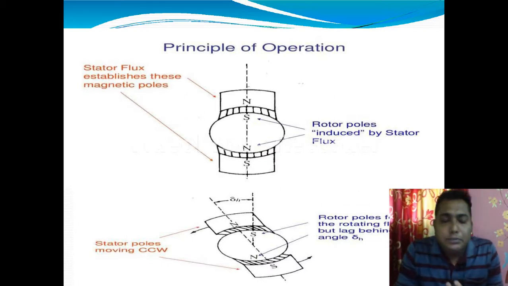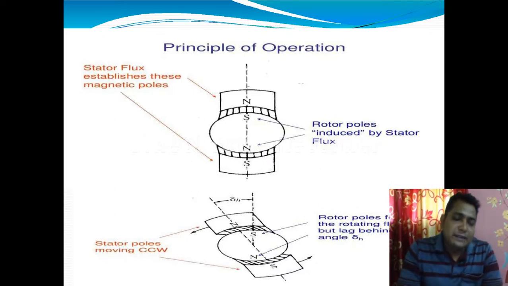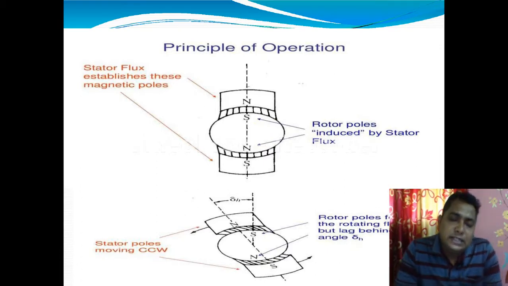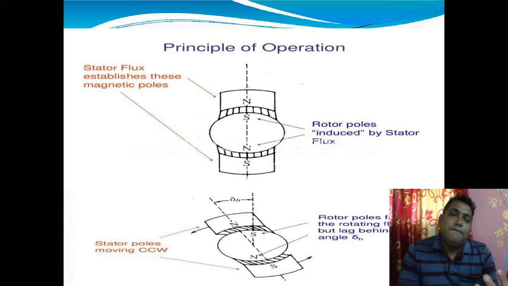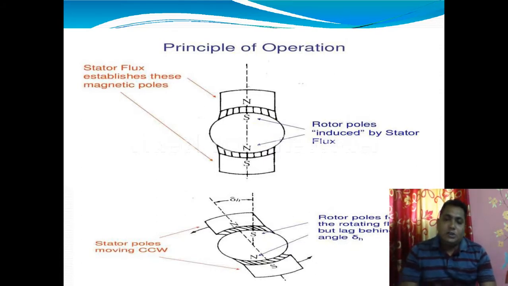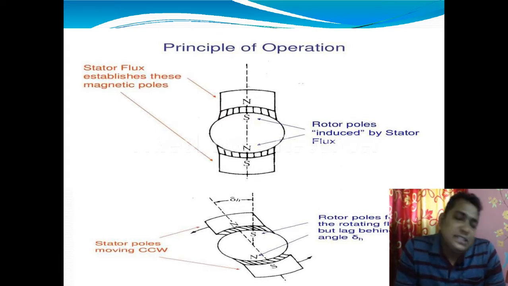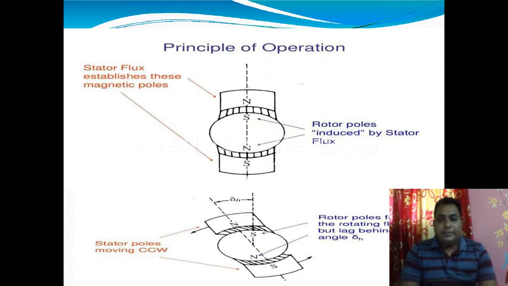When we place this rotor ring inside the stator section, it faces some magnetic forces, and due to that there will be some rotor pole generation in the rotor section. The rotor and the stator magnetic flux are magnetically locked, so at whichever speed the stator flux is rotating, at that particular speed the rotor is also rotating.